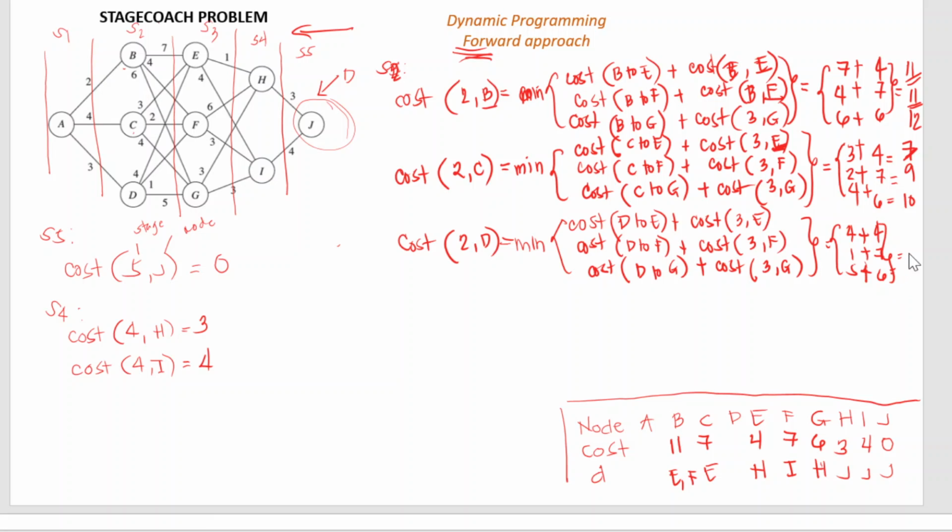Okay, so that would be equal to 8, 8, and 11. Okay, so the minimum is 8. Therefore, its path can come from E or from F. Okay, D comes from E and F again. Let me just write it: E, F, D, F. Then the number is 8.